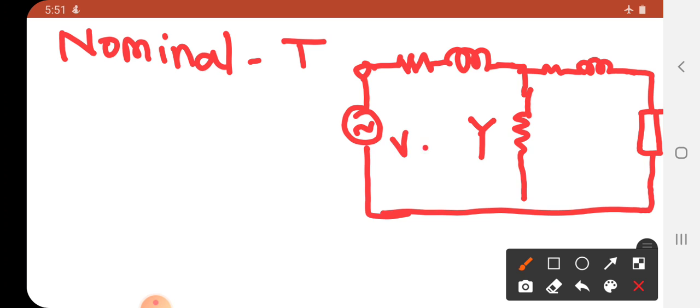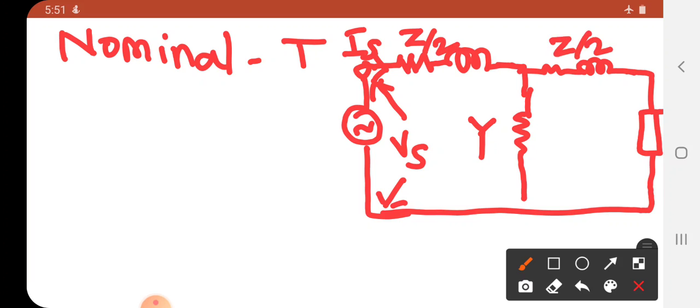The voltage at the sending end is Vs. Let the current be Is, and the impedance is Z by 2 here, and this is also Z by 2.